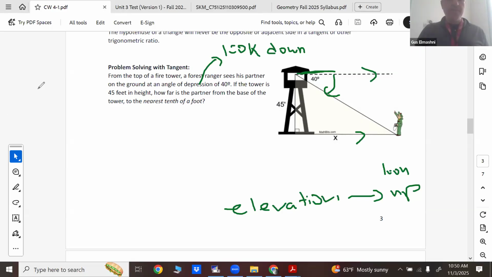So if this is 40 between the guard and the line of sight, or sorry, the new line of sight to the other guard down below, then what's this angle here? That's 40 also. So you have to use alternate interior angles, just so you know.